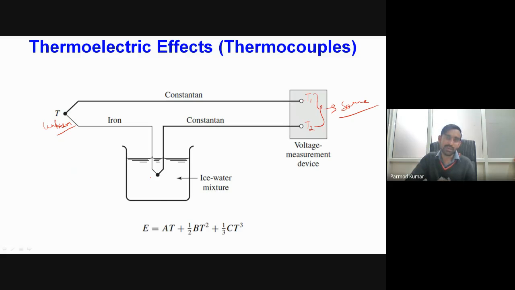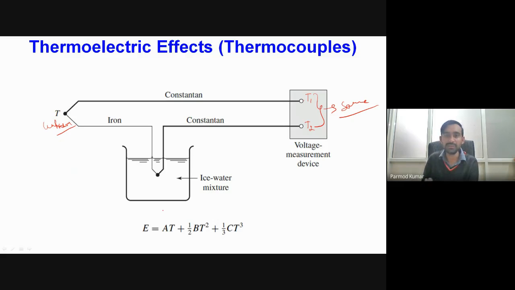The whole idea of using the reference junction is to maintain a constant temperature at this point. Then whatever changes we have in our EMF will be caused only by the unknown temperature subjected at the junction of measurement.